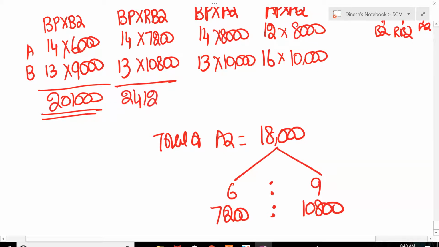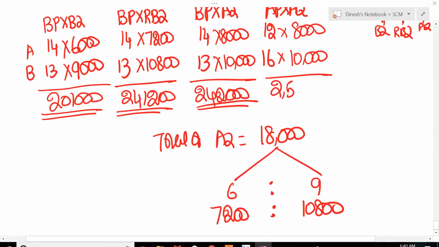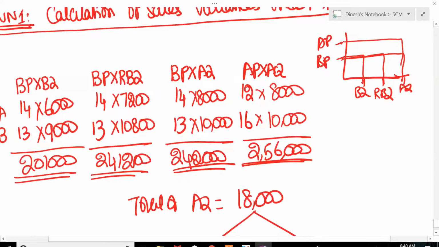You know the formula. Formula will come from the chart. Apply the formula, get to the answer.